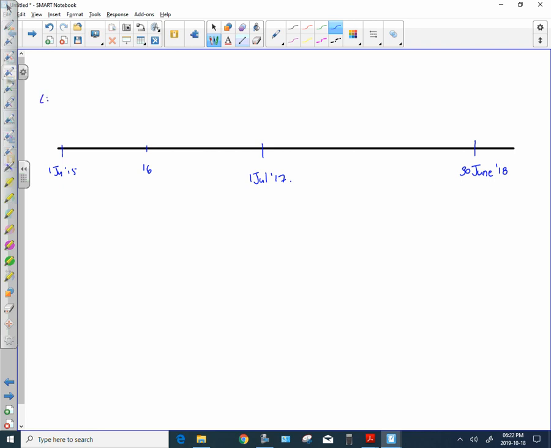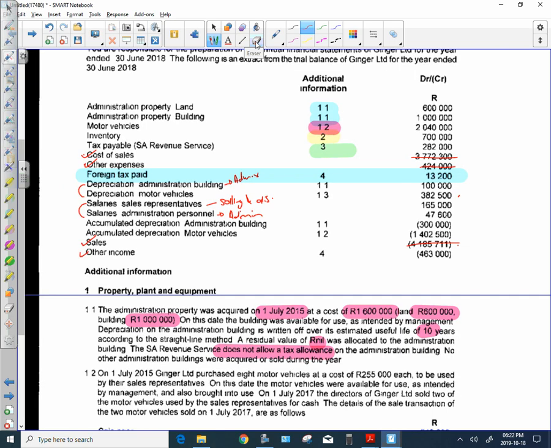The land, let's use a different color, was 600,000. The building cost 1 million. And they told me that I write off this building over 10 years, according to the straight line method.